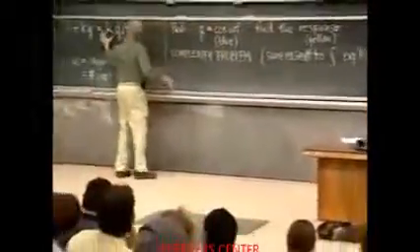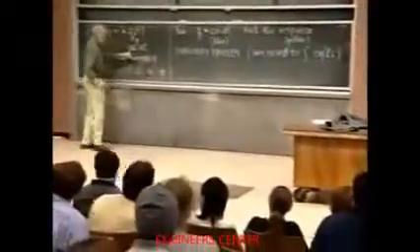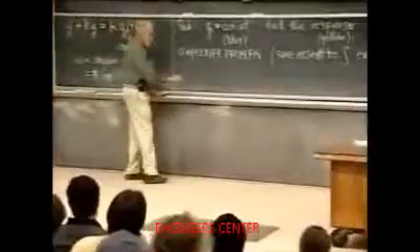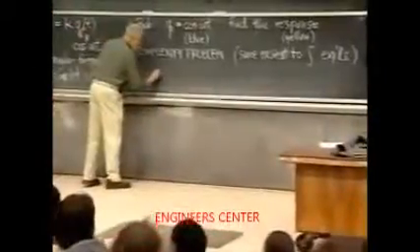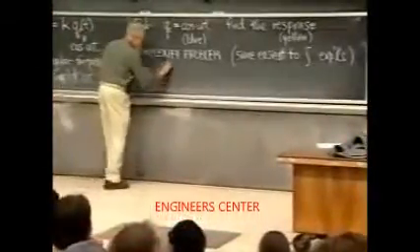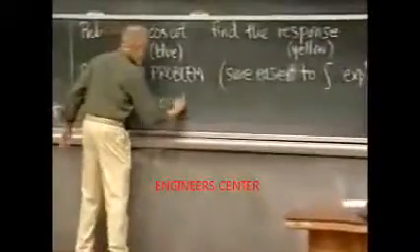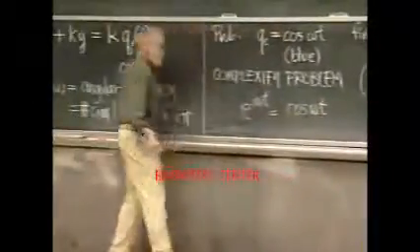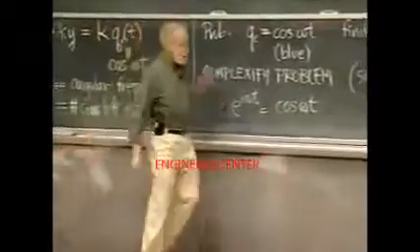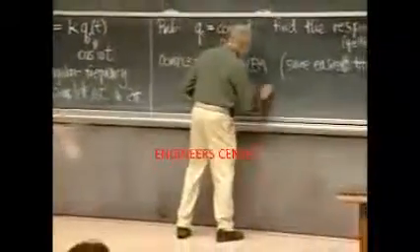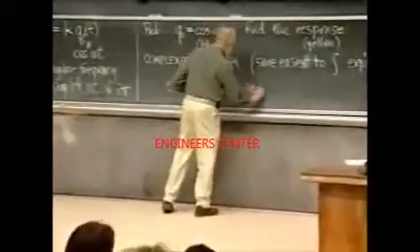To change this differential equation, remember I've got cosine omega t here. I'm going to use Euler's formula: the real part of e to the i omega t is cosine omega t. So I'm going to view this as the real part of this complex function, but I'll throw in the imaginary part too, since at one point we'll need it.